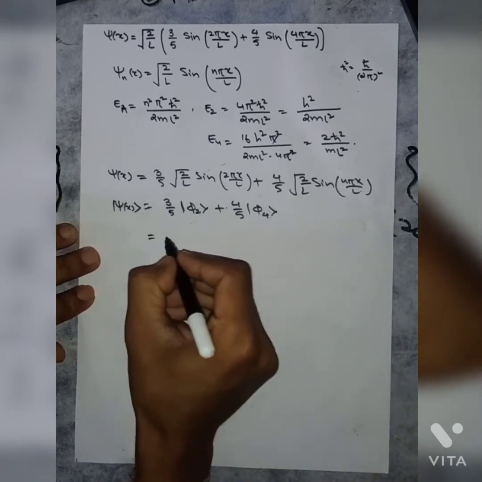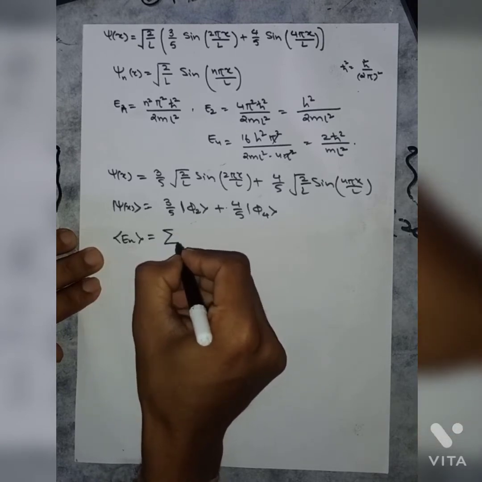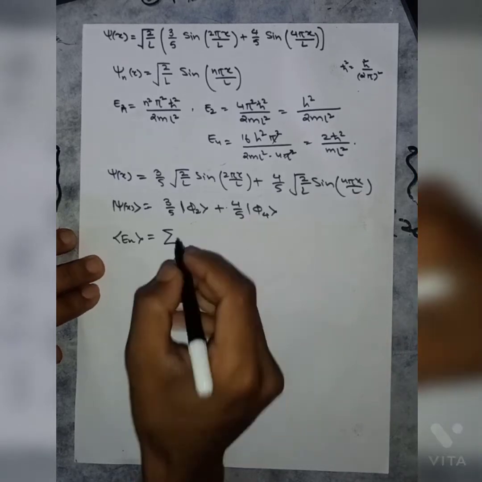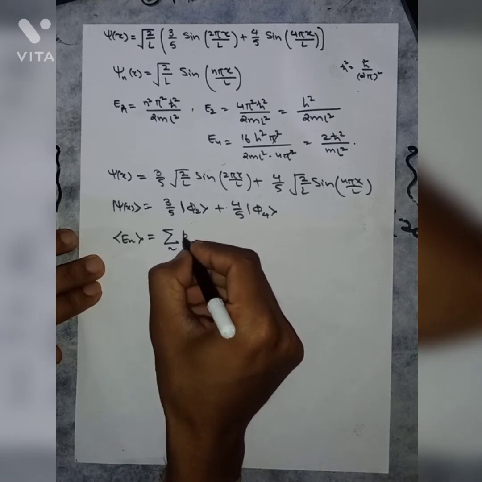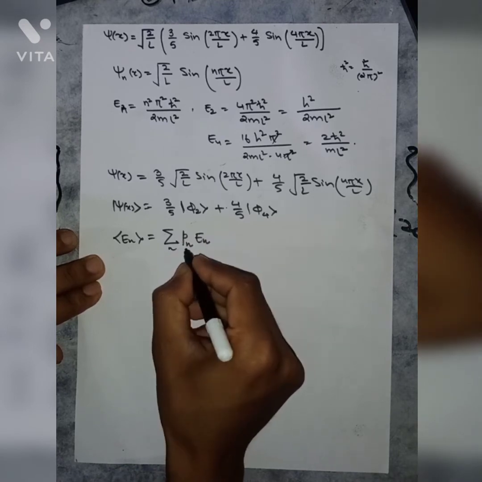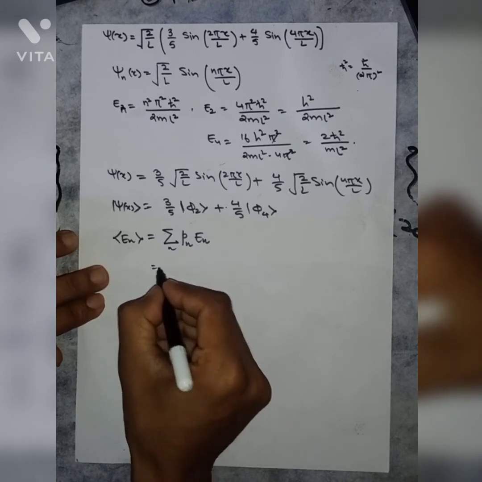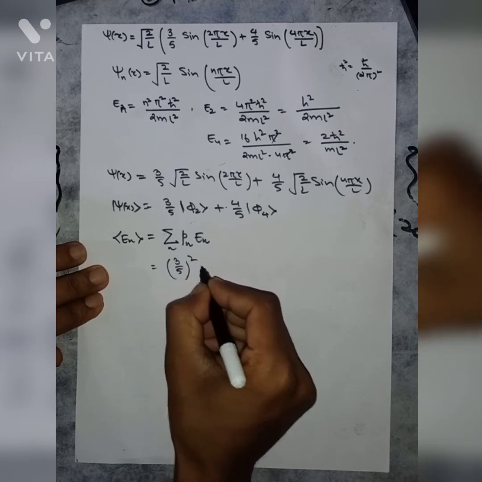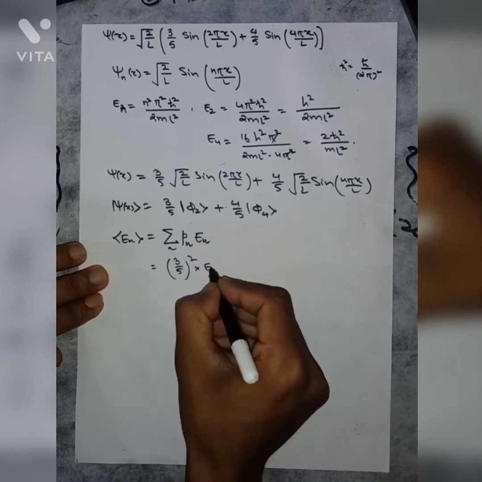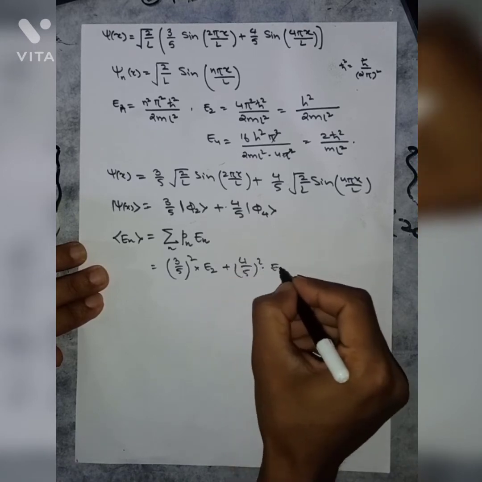Okay, so average energy is nothing but, this is a trick, or you can simply say the formula you can memorize, sum over Pn En, where Pn is the probability corresponding to a particular state and En is the energy for that particular state. So this will be, Pn is this coefficient square, so 3 by 5 square into E2 plus 4 by 5 square into E4.